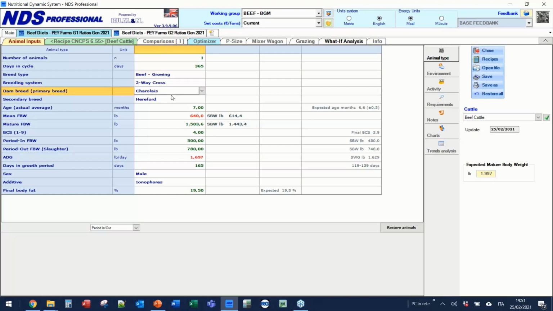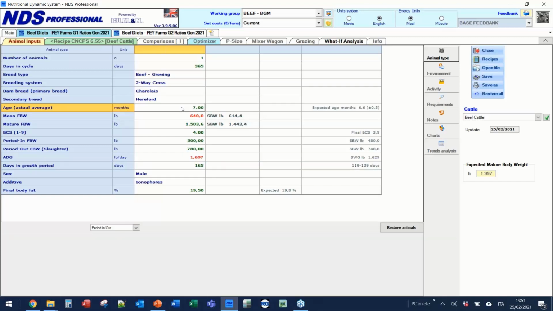And this definition is quite important because in the background there are some settings related to the breed that the model needs to consider before running the calculation. We have to input the age of the group.